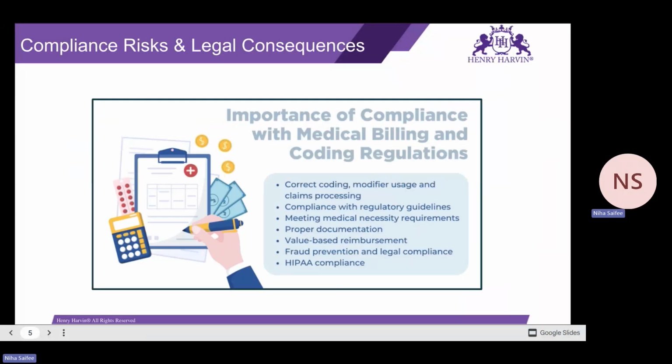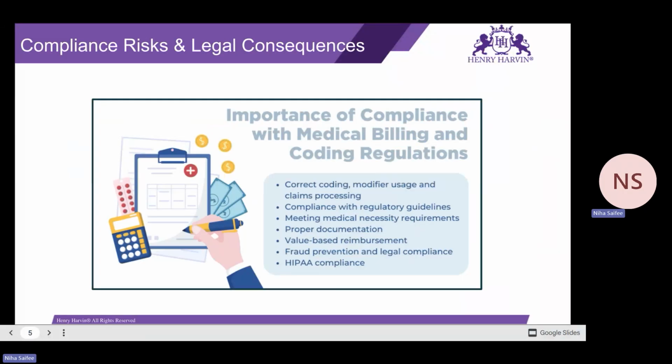Now, if in certain organizations repeated upcoding is happening, what will you think? Why is this repeated upcoding happening? Is some kind of fraud happening in this organization? We will have to check. This will attract audits or complaints from higher authorities.